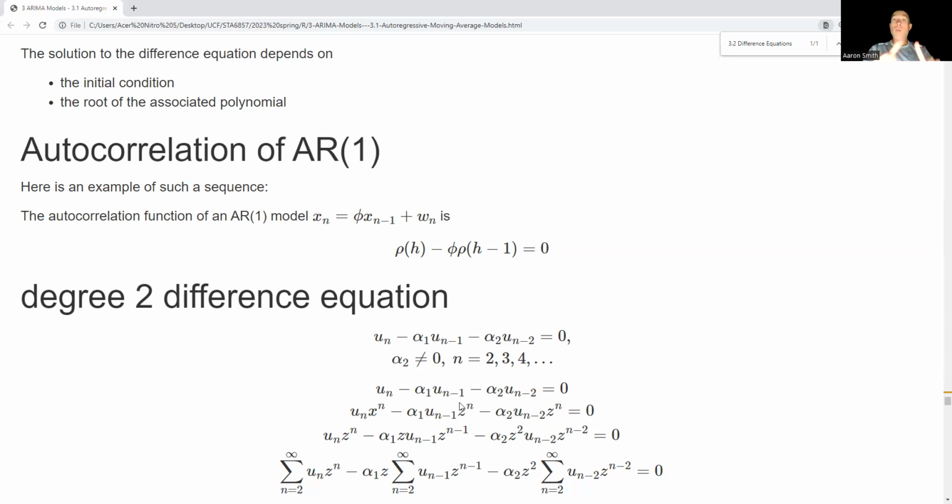All right, so to get my sequence, the first thing I'm going to do is multiply everything by z to the power of n. Notice that n is matching the subscript here, the largest subscript I have in my equation.